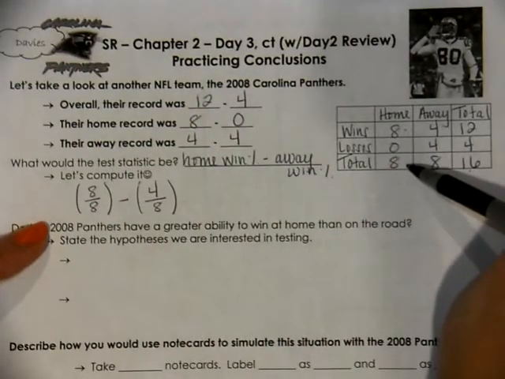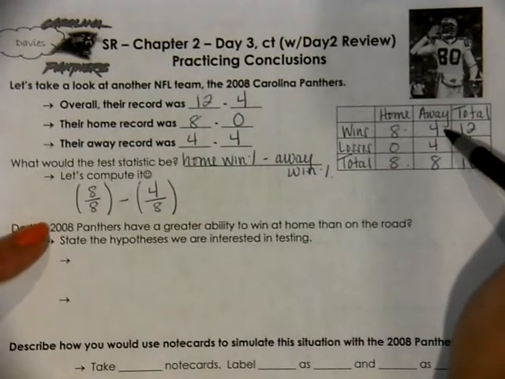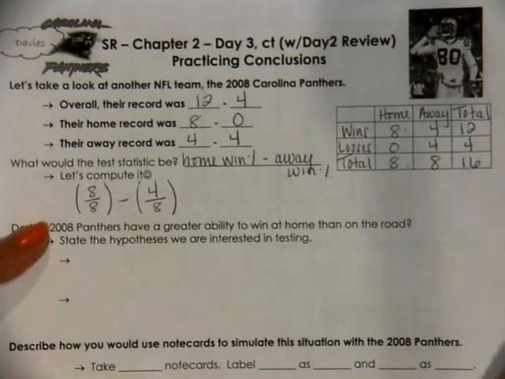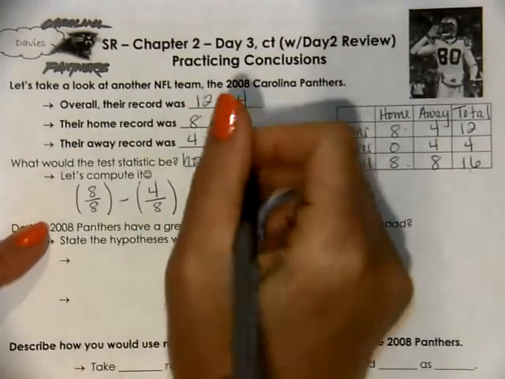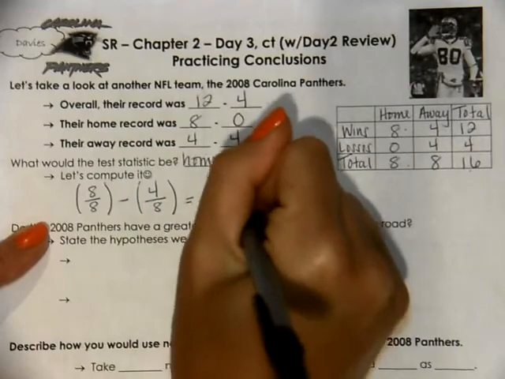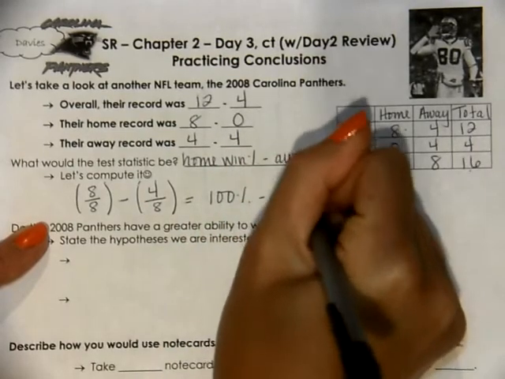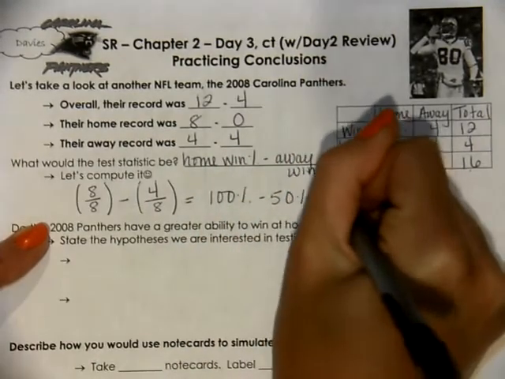Eight home wins divided by 8 total games played, 4 away wins divided by 8 total games played gives us a difference of 50%, or 0.5.